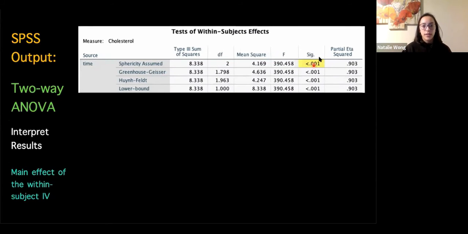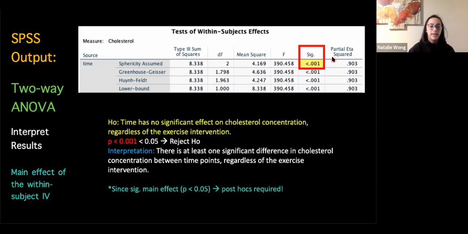So if we just focus on that first part, we had a p-value less than 0.001 for time. So this is one of our main effect null hypotheses, which would say that time has no significant effect on cholesterol concentration. Specifically, we're saying that time has no significant effect when we're not considering the exercise interventions.